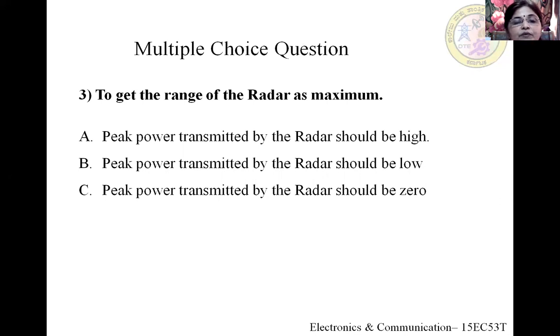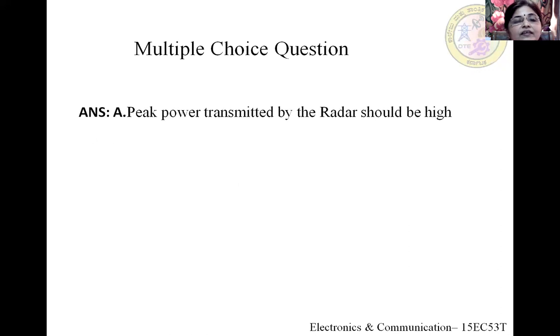Option C, peak power transmitted by the radar should be zero. So think, what is the answer? The answer is A. Peak power transmitted by the radar should be high. Obviously, if the power transmitted by the radar is high, then we'll get the maximum range.